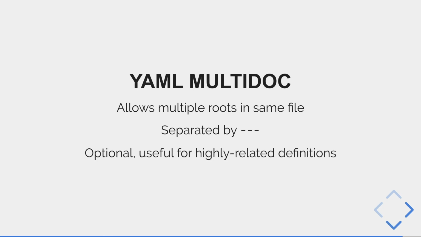This is optional, you don't have to do this, but it's really useful for highly related definitions like a deployment and the service. And depending on your automation system, you may or may not want to use this, but it's really useful when working with Kubernetes definitions directly using this relatively bare bones method that we're using in this class.